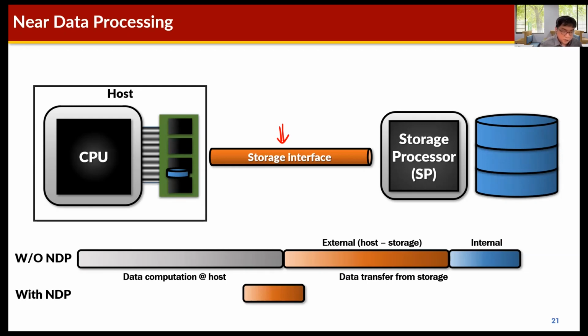This entire execution time is composed of data computation time by host systems, and the data transfer time from storage. So this is the data transfer time in the external bus, external interfaces such as SATA or PCIe, and also we require some internal data transfer time inside of the SSD or storage system. So it is also critical.